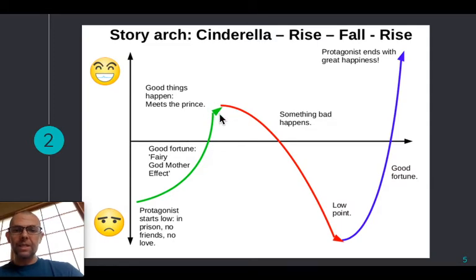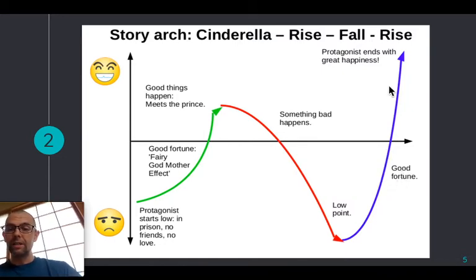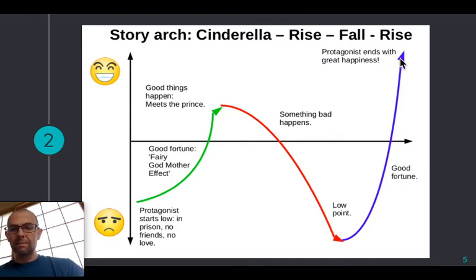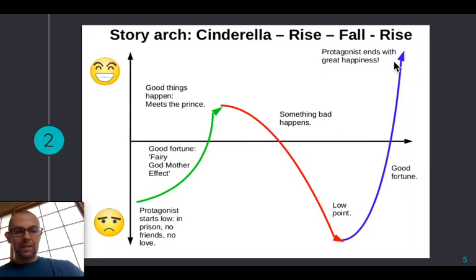She meets the prince, but then some bad things happen that take her back down to the low point. The time runs out, and the magic ends, and she's back to her low point. But then some good fortune happens when the prince comes back into her life, and the ending is that Cinderella ends up in a much better place than when she started. So this is another happy ending.